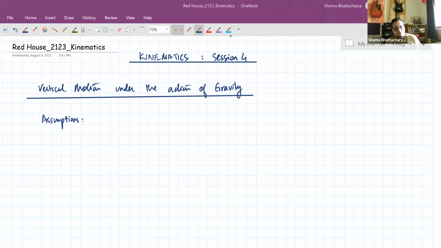So the first assumption is that we're talking about motion at distances, or you can say height, whether you call it distance or height, it's one and the same thing, from the surface of the earth.